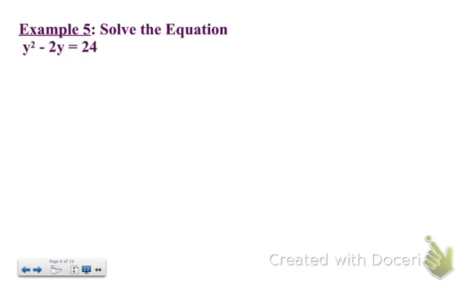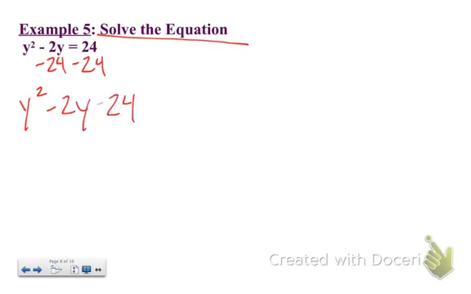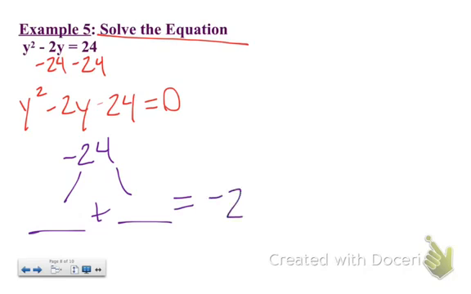For this one, notice it doesn't just say factor the equation, it says solve the equation. When we're looking for solutions, we're asking what values of y would make this equation 0. To do that, we first need to set this equal to 0, and for that, we can subtract 24 from both sides. So you're left with y squared minus 2y minus 24 equals 0. Now we're going to factor just like before. What are factors of negative 24 that when added together give us negative 2?